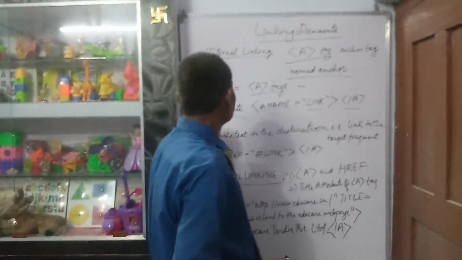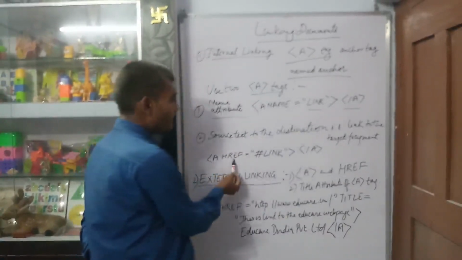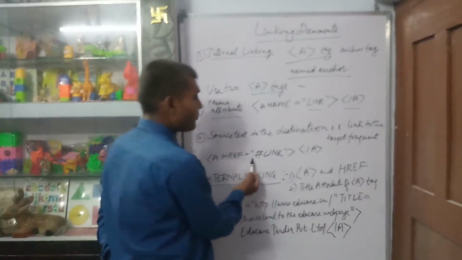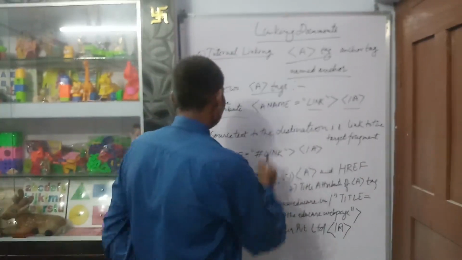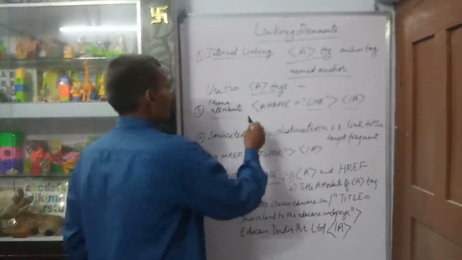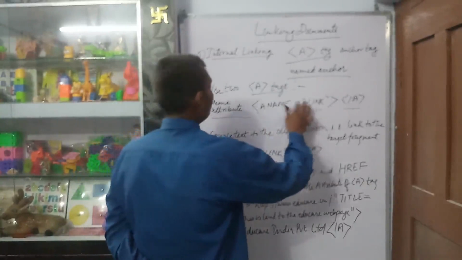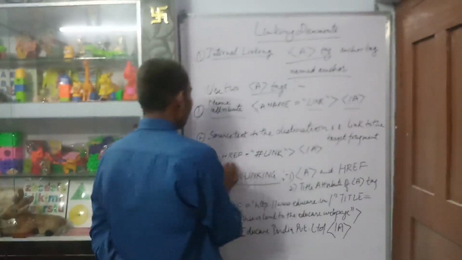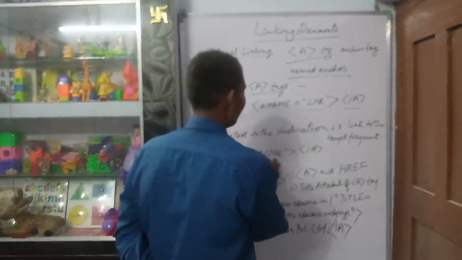And the second way is a href, that is hyperreference, equals hash link, and close this anchor tag. Here in the name attribute we do not use this hash, but in this href attribute we use this hash link.